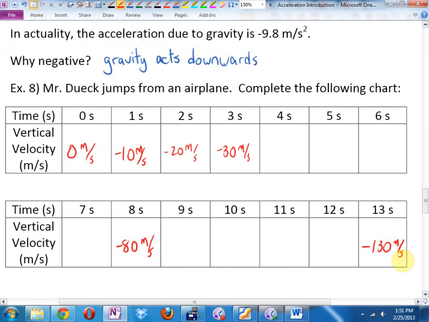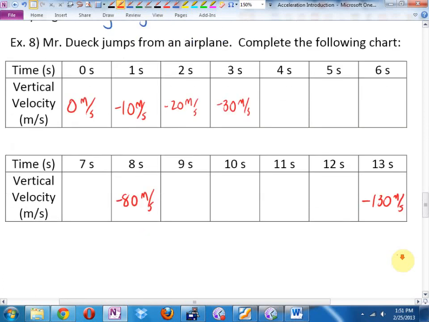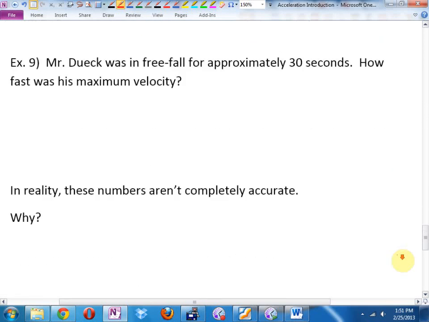Why is this technically not accurate besides the 9.8 and 10 thing? Air resistance. In real life, air resistance plays a part. The numbers that I'm giving you, that 9.8, that's really free fall in a vacuum, or free fall in outer space, or free fall if we sucked out all the air. Or if you're really, really aerodynamic.